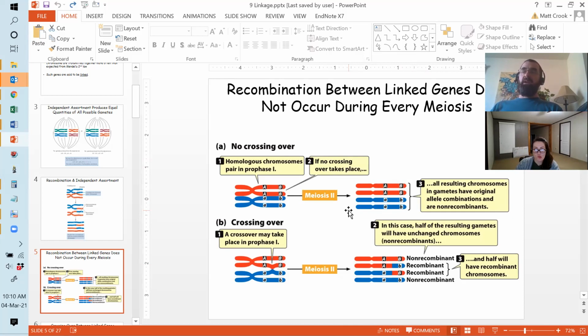Right? But now we're going to look at all rounds of meiosis, right? Because you're looking at offspring. Maybe, humans are really not very good at this because we only have 2 or 3 or 4 typically. But if you look at a corn plant, let's say, or some kind of animal that produces lots of offspring, like mice or something like that, or rabbits, I always think of Zootopia whenever I say that.